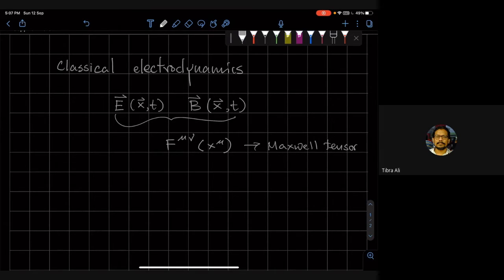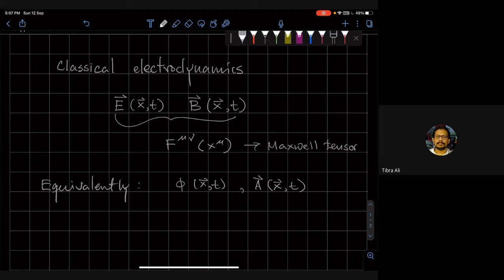Another way of formulating classical electrodynamics is through another set of variables, which is the scalar potential and the 3-vector potential.